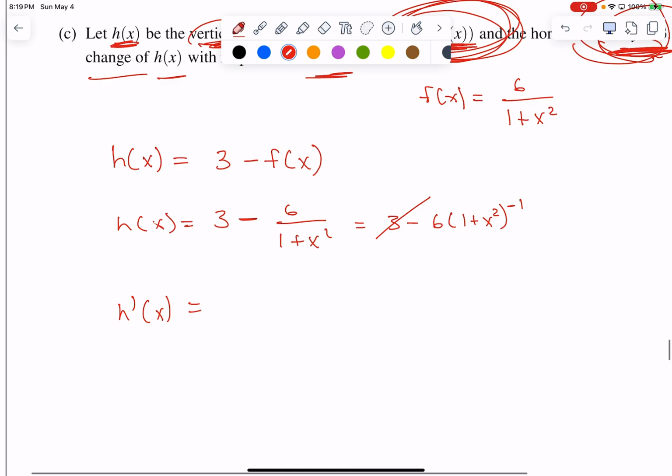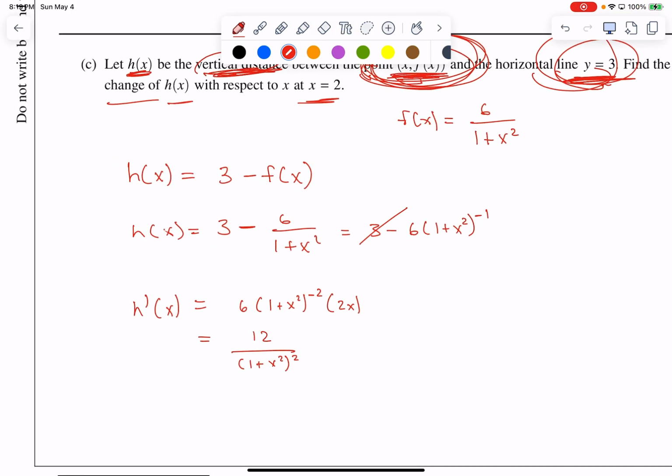We get negative 1 times negative 6, which is 6, times 1 plus x squared to the negative 2, times 2x. So our derivative is 12x over 1 plus x squared to the second power.